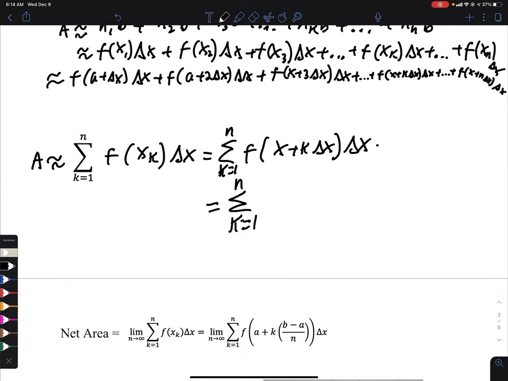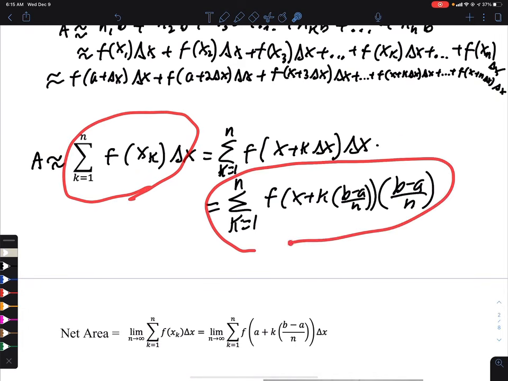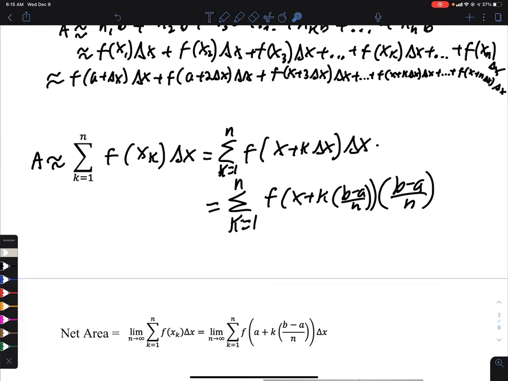So it could look like this: f of x plus k, b minus a over n, times b minus a over n. All three of these are equivalent. I think this is easiest to understand. This gives us the most information. So all of these should make sense.